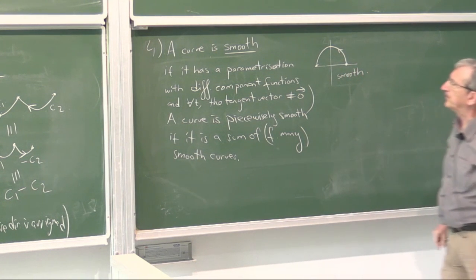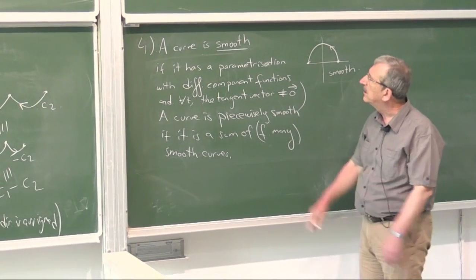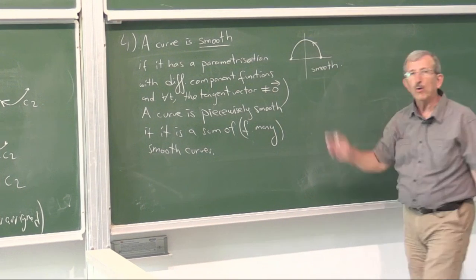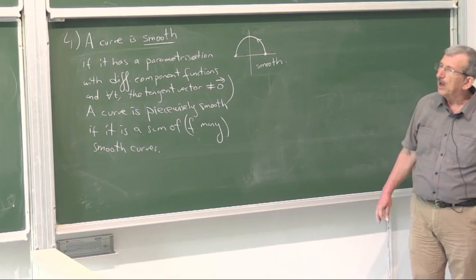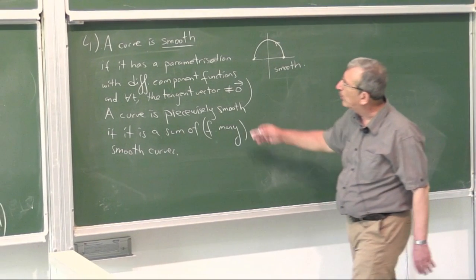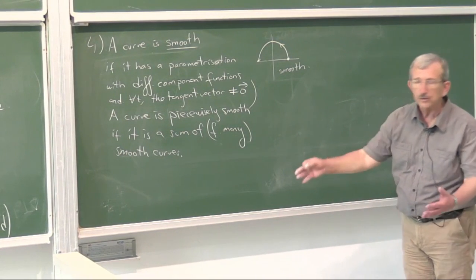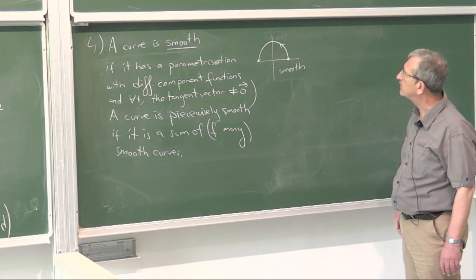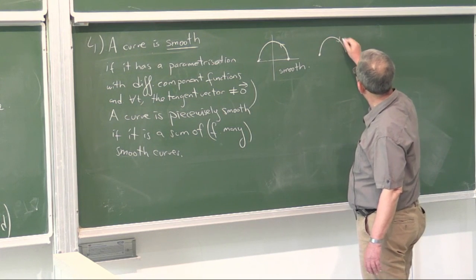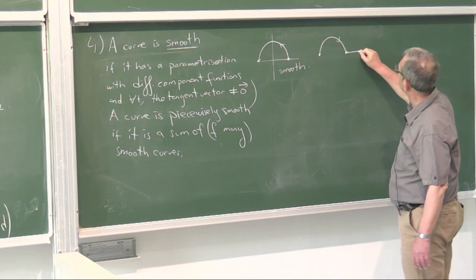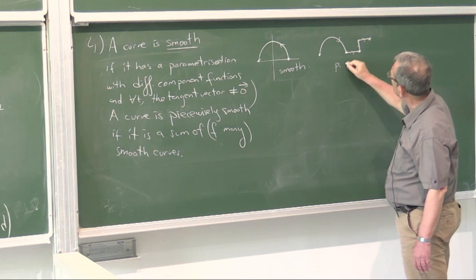Of course, here I didn't say it explicitly, but we don't require anything at the end points because that's not feasible. Of course, we require one-sided derivatives to exist. But that's understood, so I will not say more on it. And of course, a curve like this is piecewise smooth.